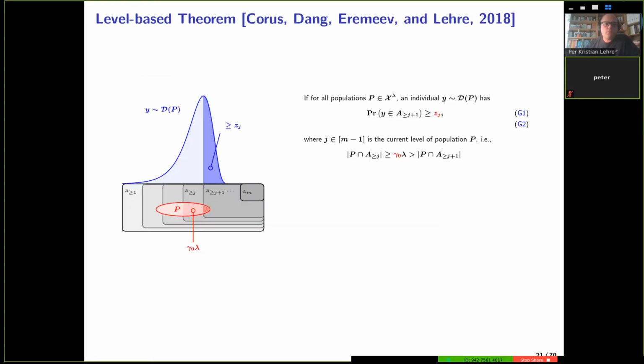Okay, so now I'm ready to state the conditions of this theorem. This is what we need to know about this operator D in order to say something about the runtime.